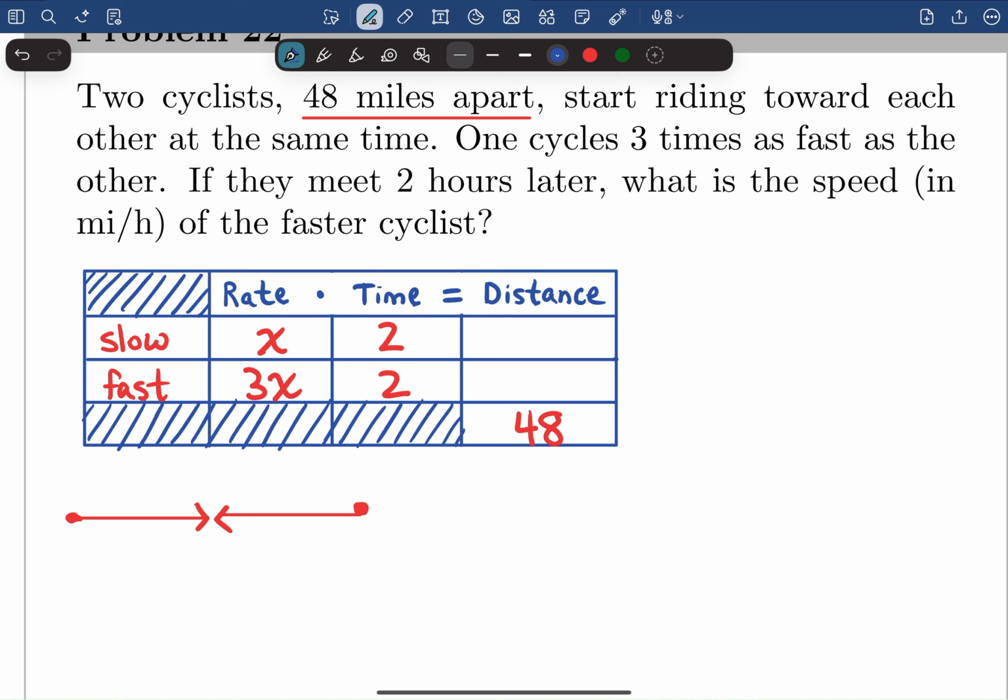So x times 2 gives me 2x, and 3x times 2 gives me 6x. And I'm going to take this column and add the top rows together and set them equal to the bottom row. And I'll write that equation out. I have 2x plus 6x equals 48.